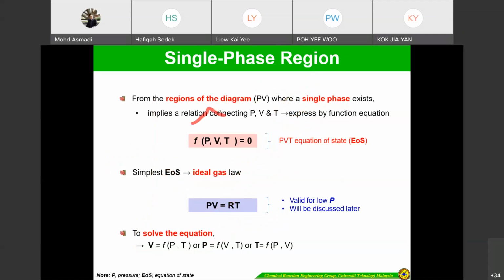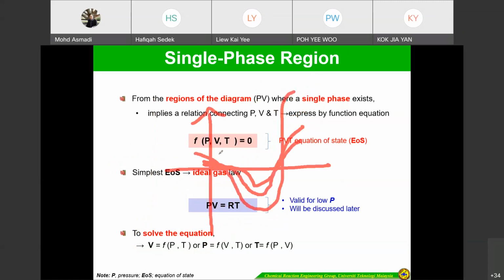Yang you consider tu sebenarnya dekat sini je. Tapi bila dah high pressure, kat sini kita dah tak boleh. Ini just sketching, dia dah masuk repulsion dengan attraction lah.